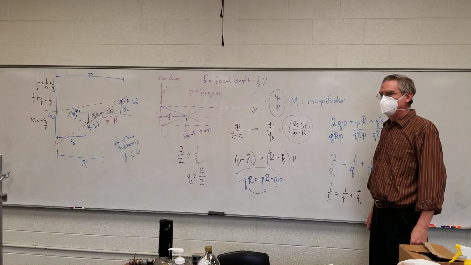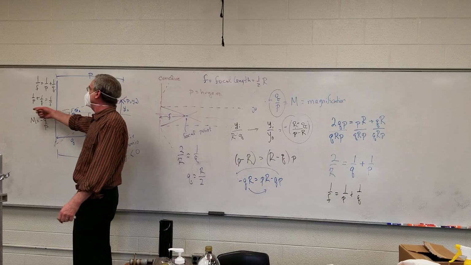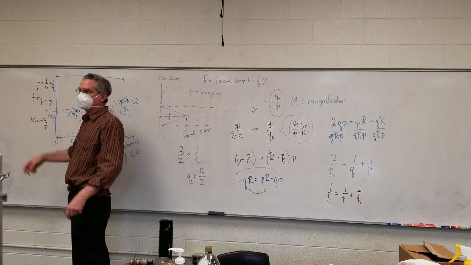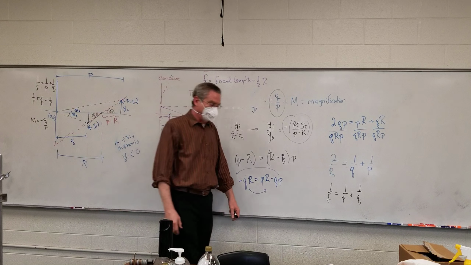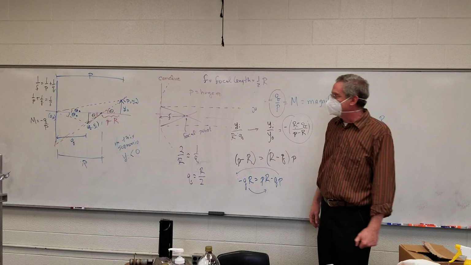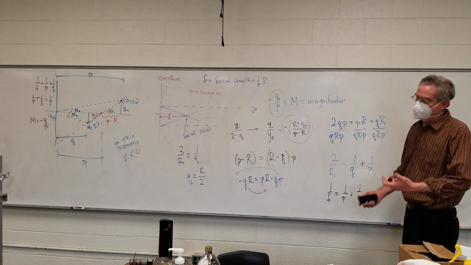Are those two at the top the same thing? They are. Typically the P and Q go on the left-hand side, so that's why I'm more likely to write it like this in the future. All right, questions before we actually do a problem?